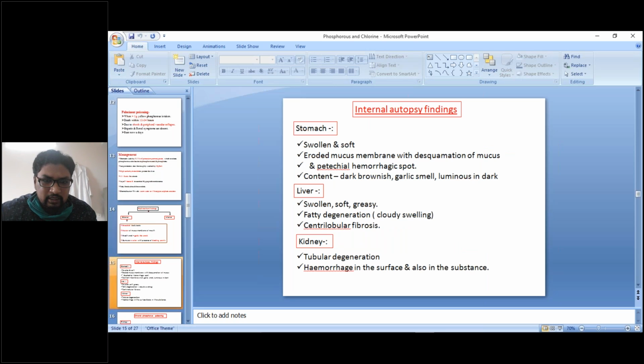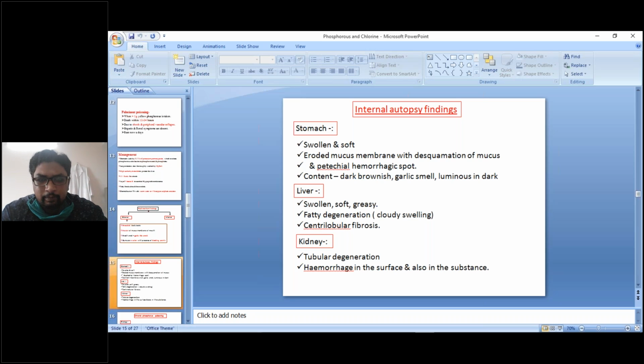And then internal findings: the stomach mucosa is swollen and soft. You can have erosions and desquamation of the mucosa, and petechial hemorrhagic spots. The contents of the stomach are dark brown, due to bleeding points. Normally yellow or white phosphorus is yellowish or whitish in color, so how does it become dark brownish?